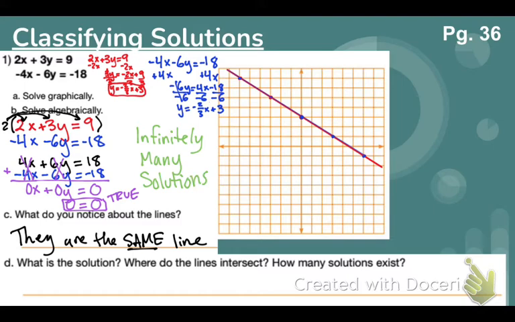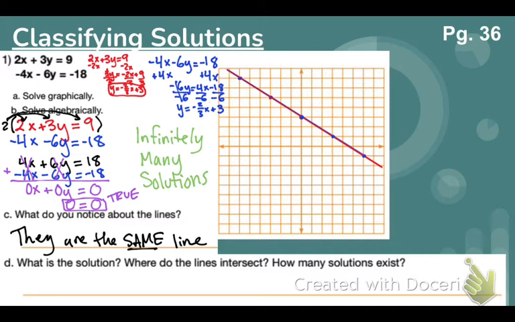So what that means is if I could choose any x value, I could choose 0 for both equations, and I would get the same y value. If I chose negative 1,000 for x, I would get the same y value. So I have infinitely many solutions.